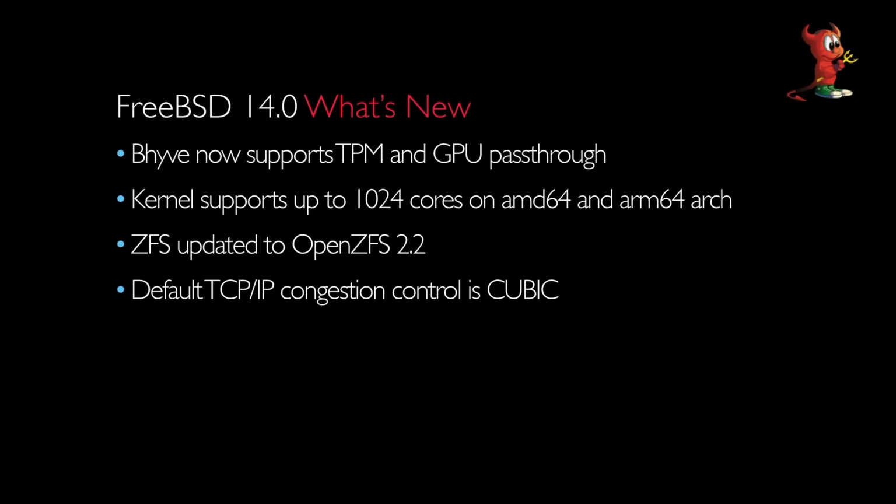The kernel now supports up to 1,024 cores. And I don't know if you're watching, but AMD has, if you put a four-socket top high-end EPYC platform together, you could hit that 1024 core number very easily. And so they built in support for it for both the AMD64 and the ARM platform.